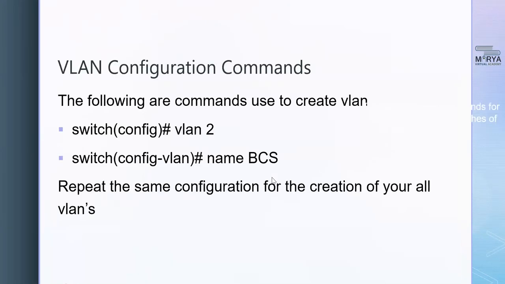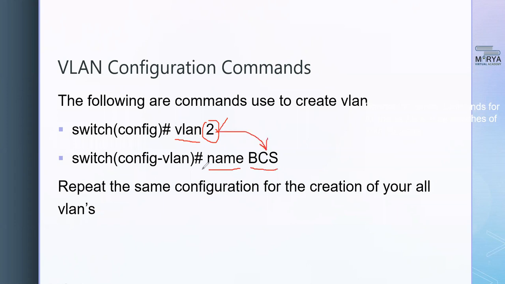For VLAN creation, I will use two commands. The first command is vlan, and 2 is the VLAN ID, so it can be 2, 3 and 4. To define the VLAN name, I will use the name command, and you know that the VLAN 2 name is BCS.